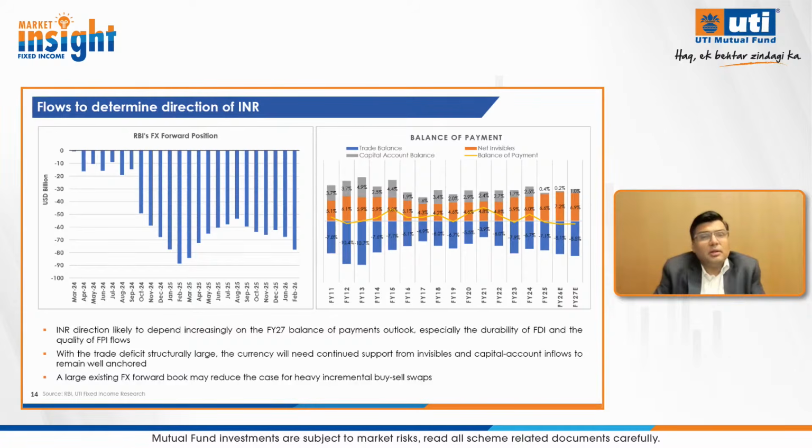The second part is the RBI FX forward position. If you can see, since March 24, where the RBI FX forward position was quite negligible, now that's grown to almost $80 billion. And hence we think that the ability of RBI to do meaningful FX buy sell swaps is also quite limited.